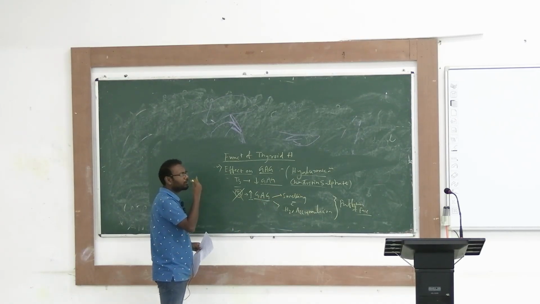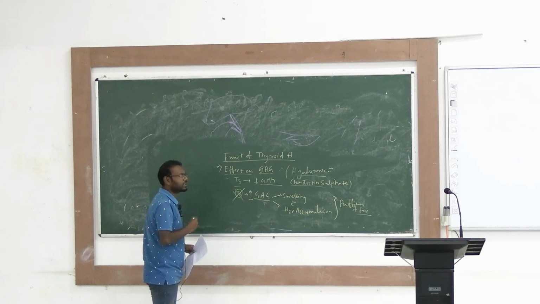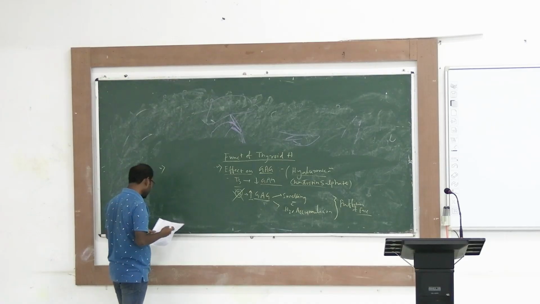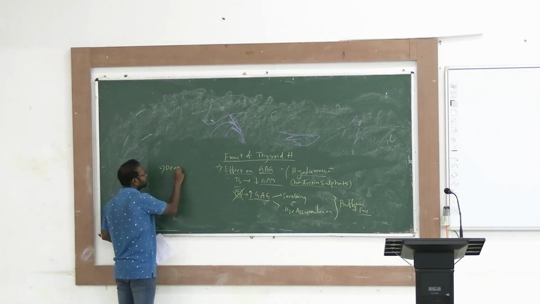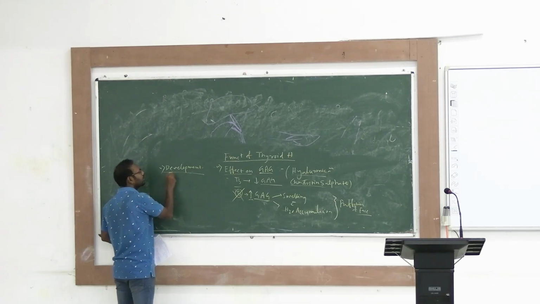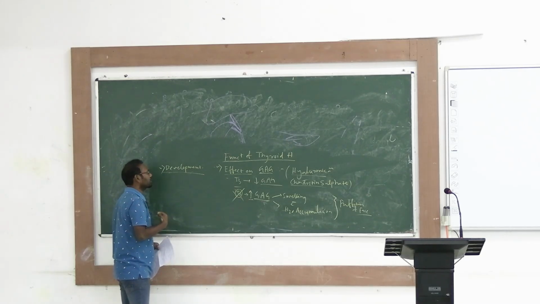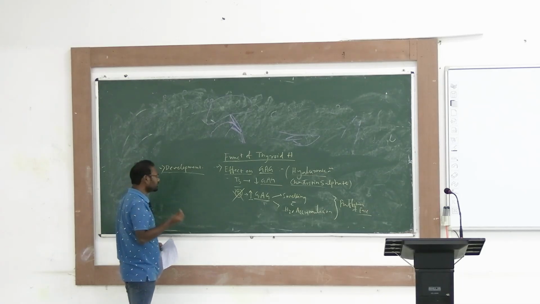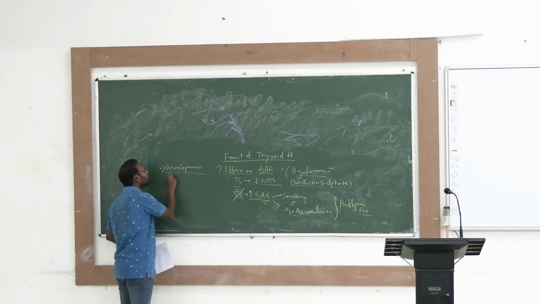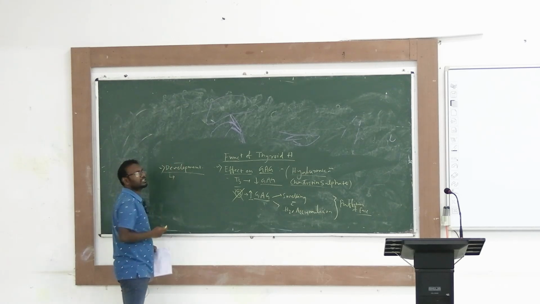Water accumulation, so the whole face will swell, there will be puffiness and swelling of your face. Number 5 is developmental growth. Developmental growth means when the baby is inside the womb, and slowly the baby grows, during gestational development.